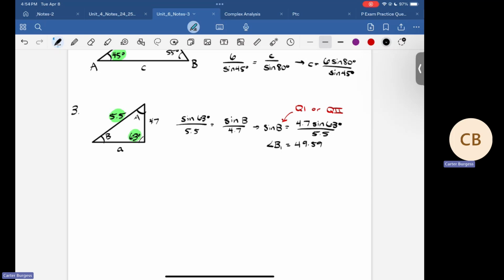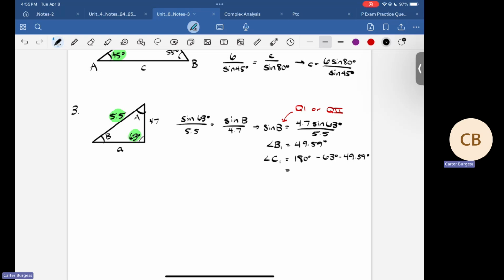If that is the case, then our first option for angle C is going to be 180 minus 63 degrees minus 49.59 degrees.